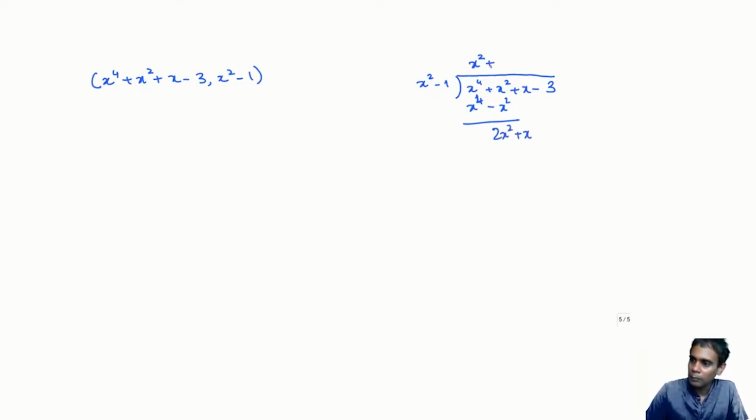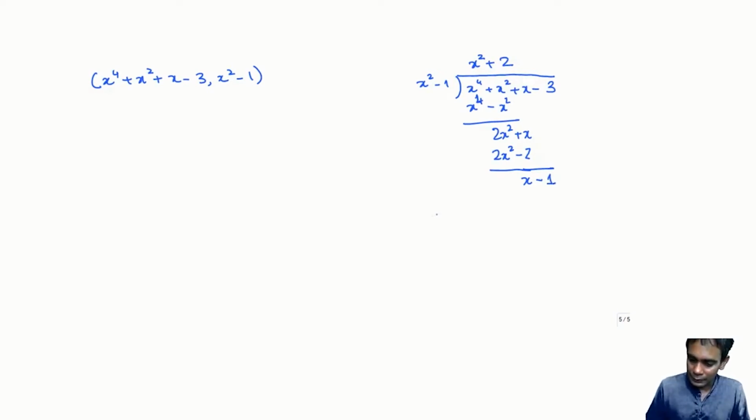So I put here plus 2 and I get 2x^2 - 2, and so that's x + 2 - 3, which is x - 1.